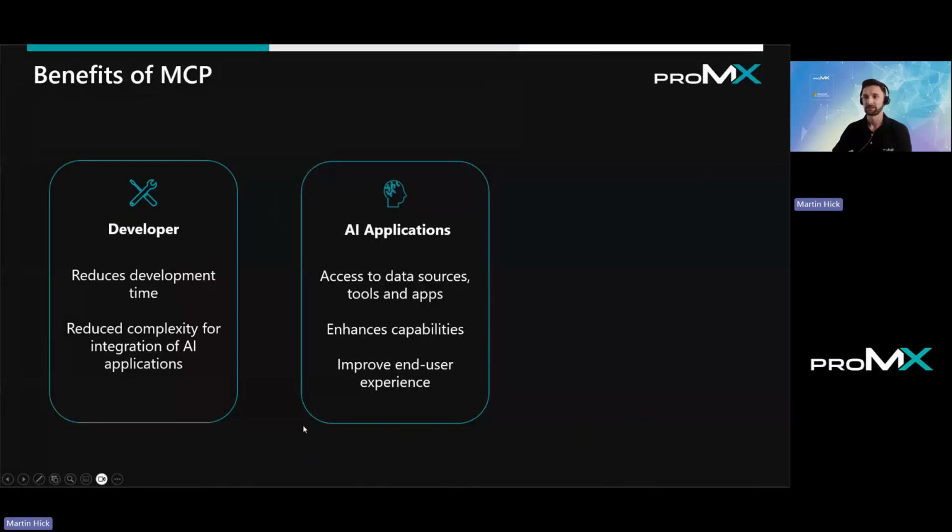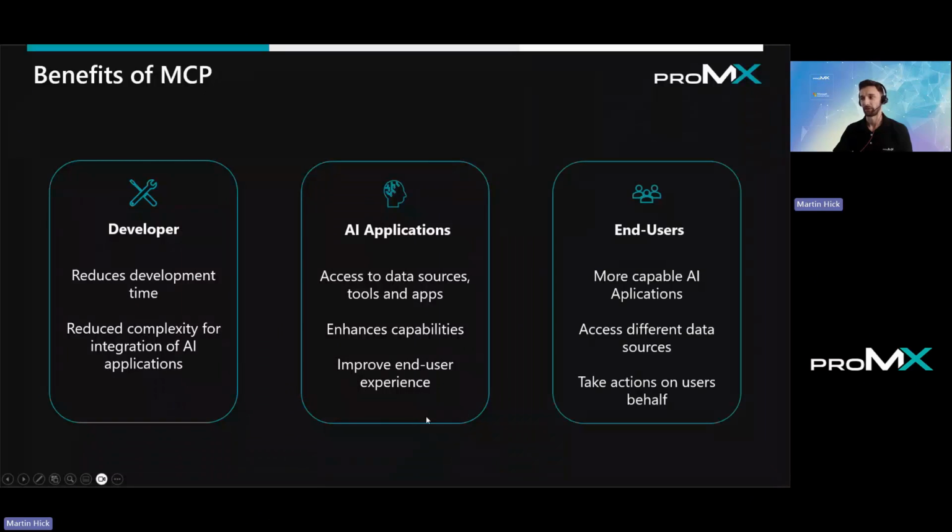For AI applications itself, it has a huge benefit because this could mean you can access more data sources and tools and apps that maybe don't have any other connection you can use for those applications yet, and improves the capabilities that those AI applications can do and have. And obviously with those AI enhanced capabilities, you have improved end user experience, so the user can actually do more with it.